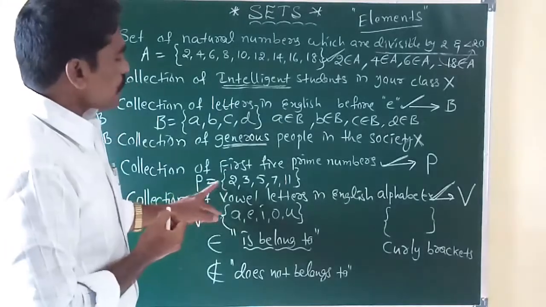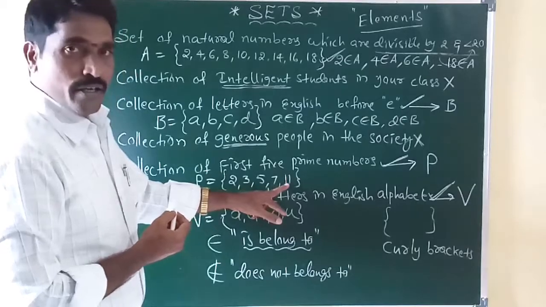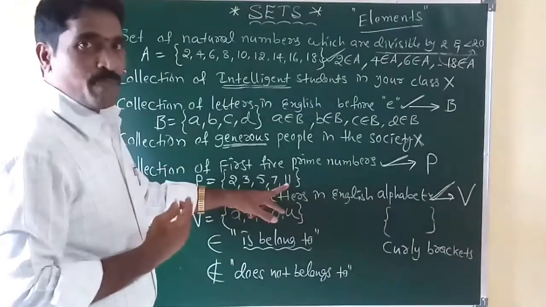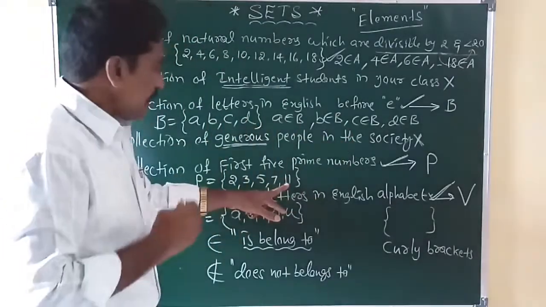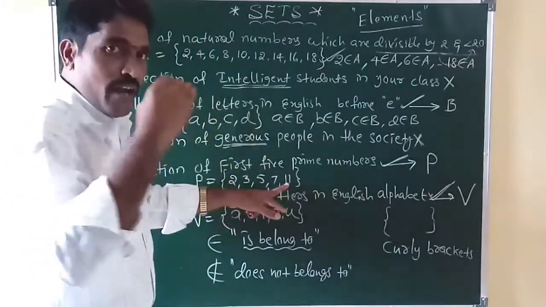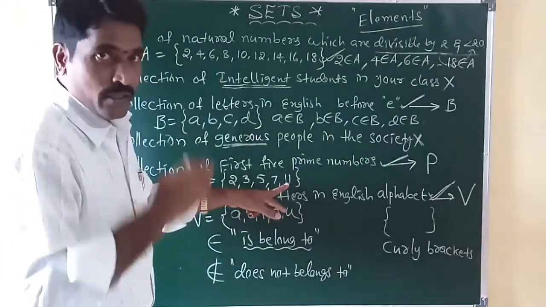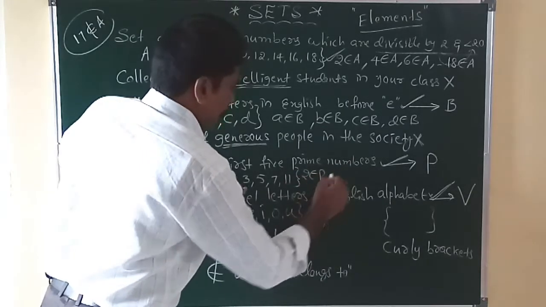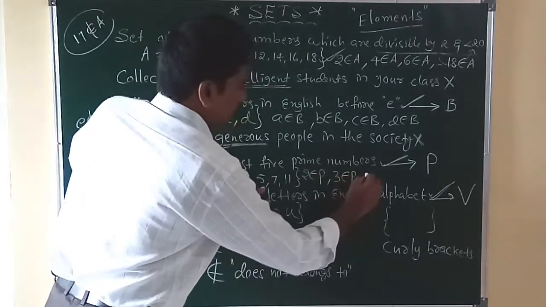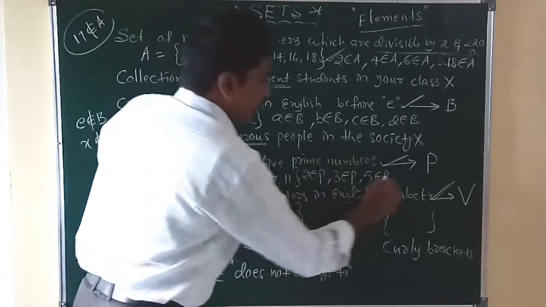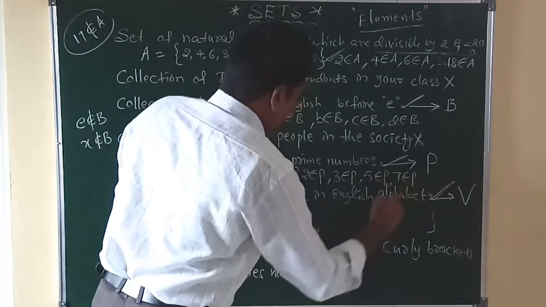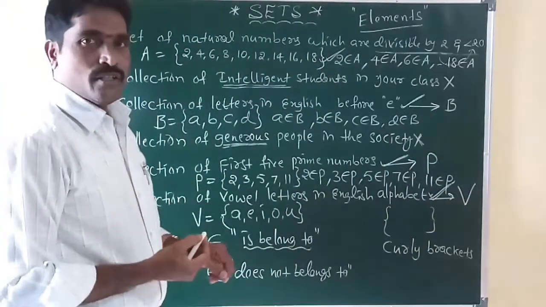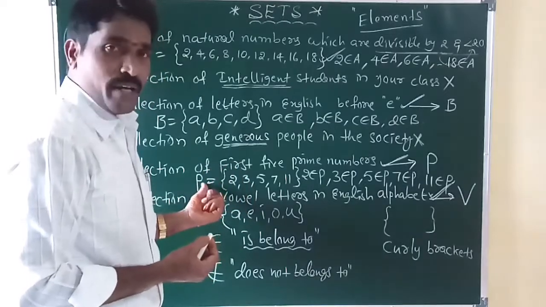Similarly, P is equal to 2, 3, 5, 7, 11. Here 2 is an element in the set P, 3 is also an element in the set P, 5, 7, and 11 are also elements in the set P. That can be expressed as 2 belongs to set P, 3 belongs to set P, 5 belongs to set P, 7 belongs to set P, 11 belongs to set P. Does the element 6 belong to the set P?